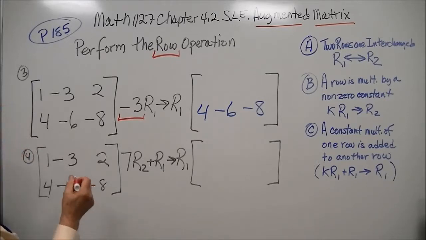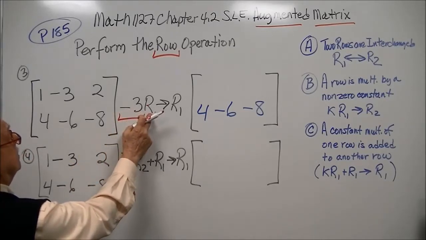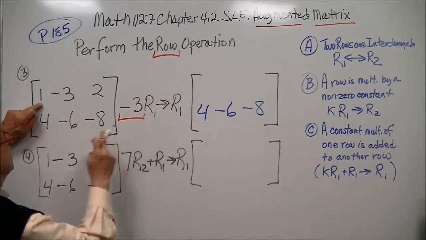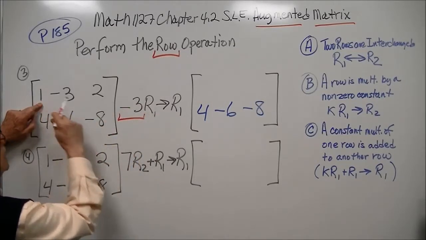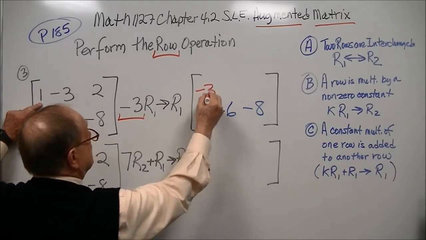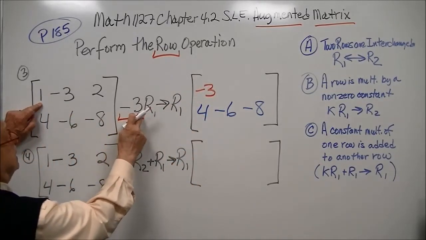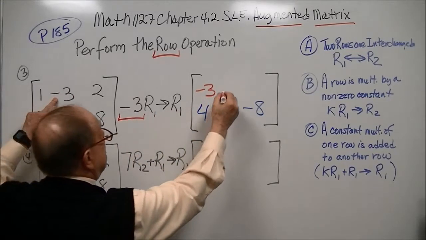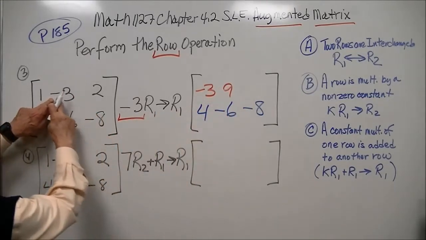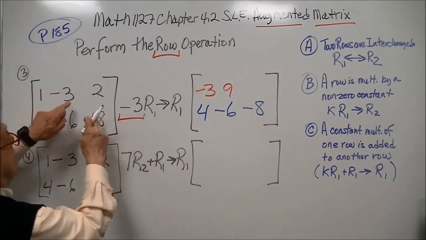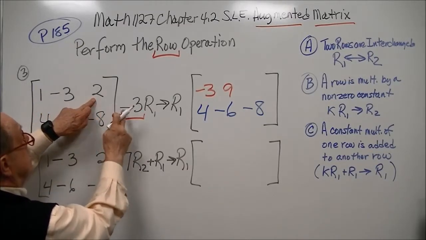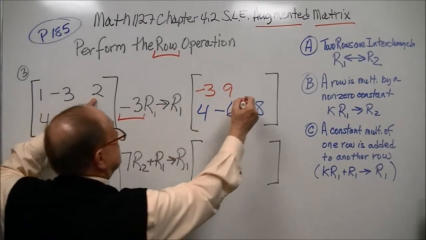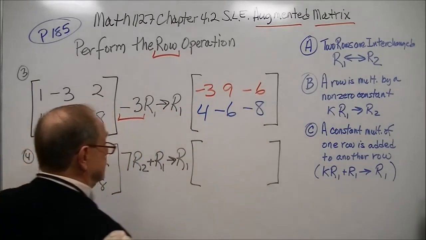So now we're going to take a -3 and multiply it by each term in row 1. So -3 times 1 is a -3. A -3 times a -3 is a +9. And a -3 times 2 is a -6.